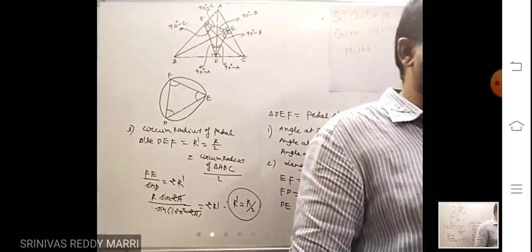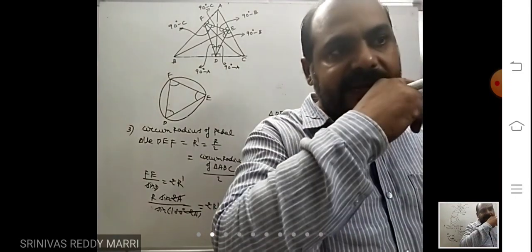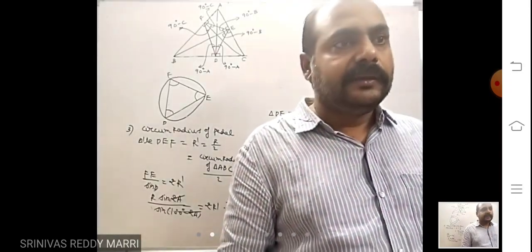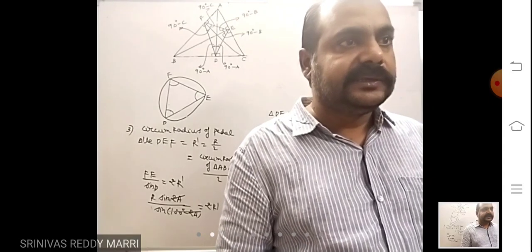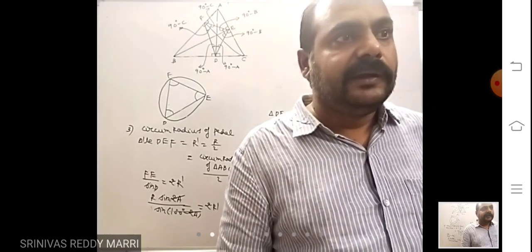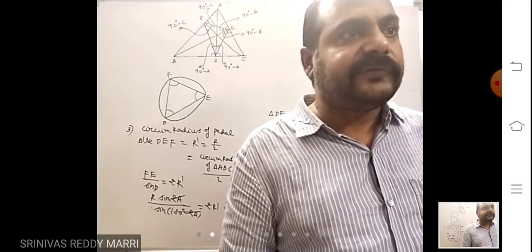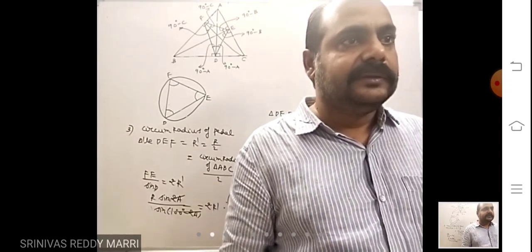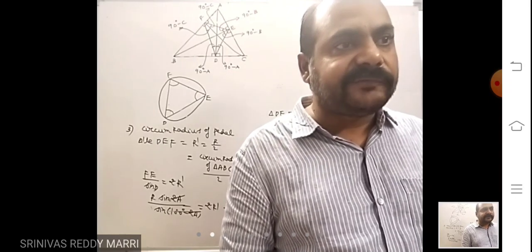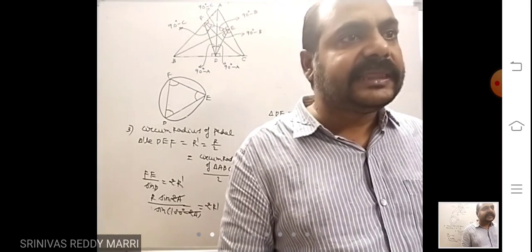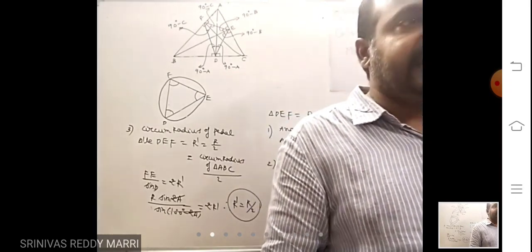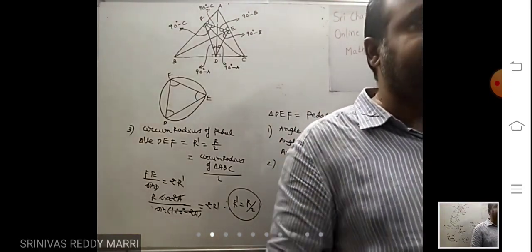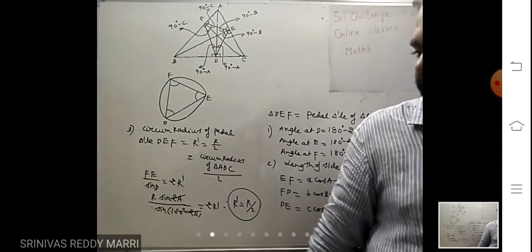Suppose the question is asked like this: if the circumradius of the pedal triangle is 16 units, find the circumradius of triangle ABC. It is double that. The circumradius of triangle ABC is double the radius of triangle DEF, so if that is 16, then this will be 32. Like that, use the formula.